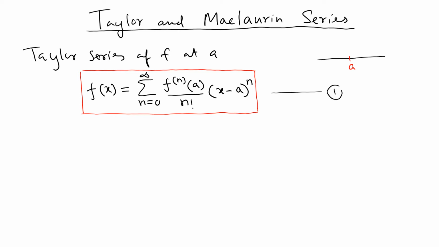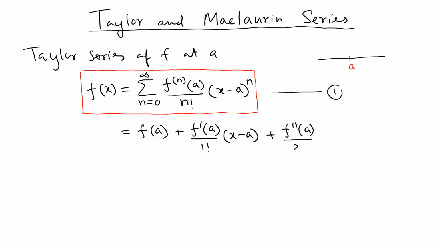If you write a few terms, what happens when you apply n equals 0? You get the function evaluated at a. Then the first derivative evaluated at a divided by factorial 1, which is 1, times (x minus a) to the 1, plus the second derivative evaluated at a divided by factorial 2, which is 2, times (x minus a) squared, like that.